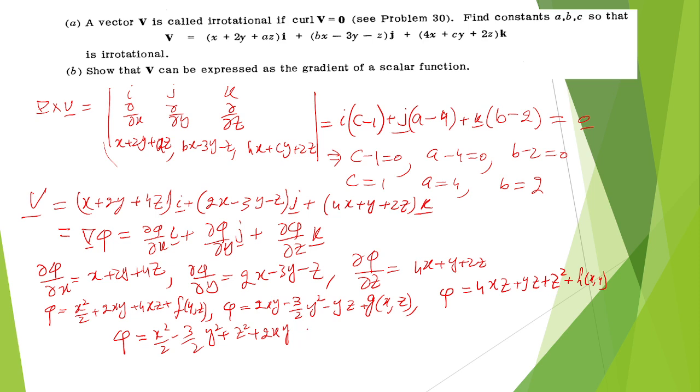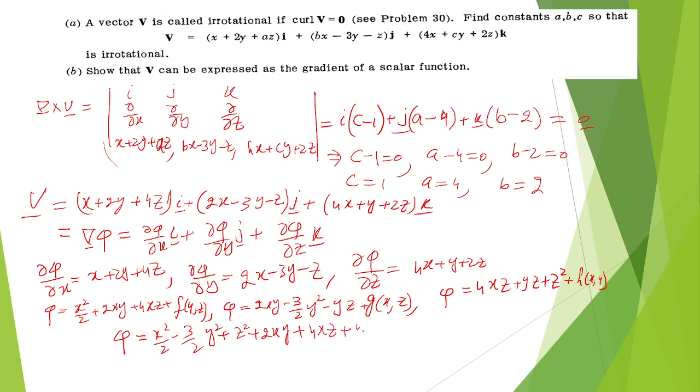Parallelly, the yz function cancels out. Okay, and parallelly the zx function, z and x, that is 4x in z and 4x in z. So that is 4xz.